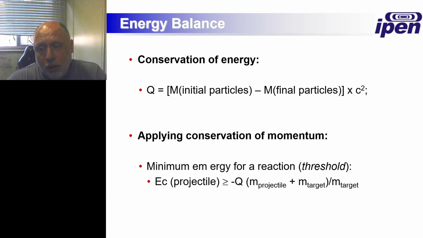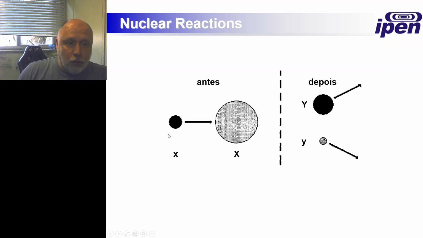For decays, you cannot have a decay with Q smaller than 0, because you don't have where to get this energy from. In a decay you have just a stopped particle here, at rest.